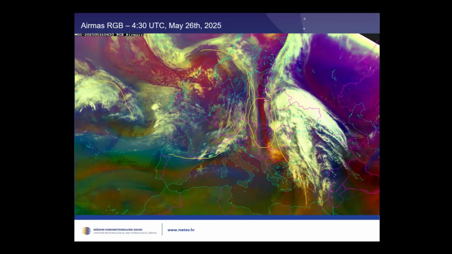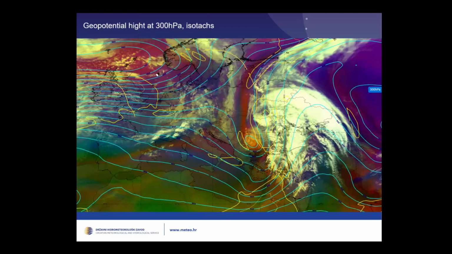So let's continue then. If we take a look at what's happening in the upper levels, why this happened, we can see a really nice trough here with an upper level low. Here we have a jet stream that can really easily be seen as well if we do a cross section.